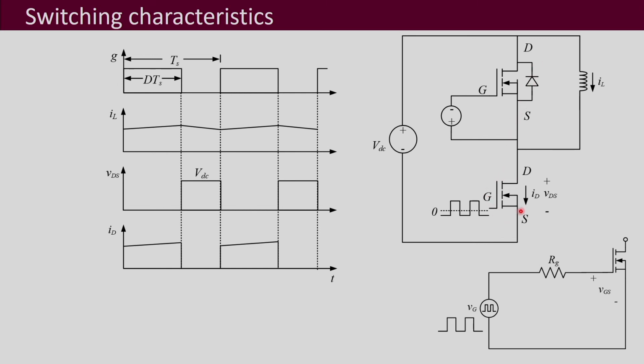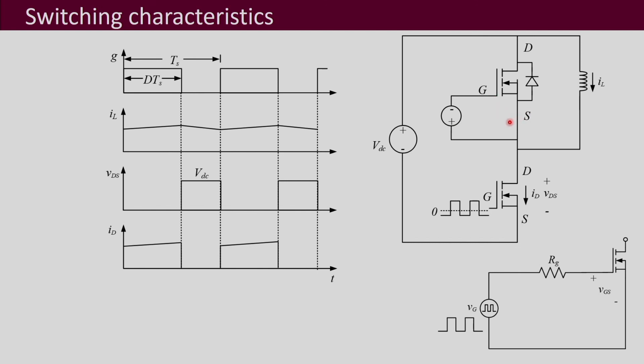This is the device under test, the MOSFET for which we want to study the switching characteristics. We do not want to allow the other MOSFET to conduct, so it is turned off by giving a negative voltage between the gate and source.